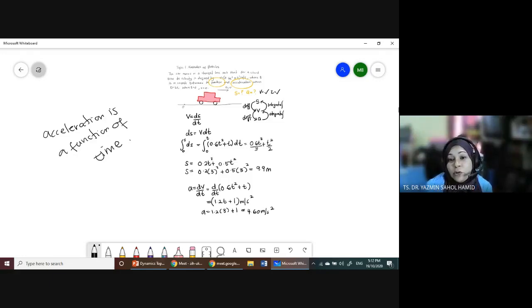The formula for constant acceleration is suitable for normal motion, for example when you drop a ball. For this question, the car is moving in a straight line, but the acceleration is a function of time. So that's why we do not use the formula for constant acceleration. Okay, Afiq?